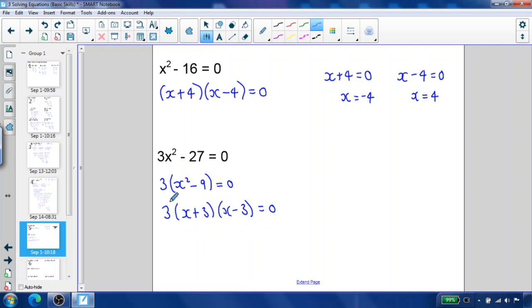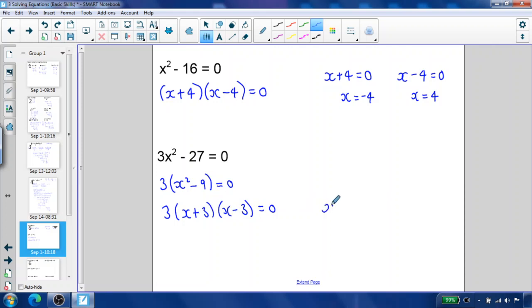Now we can forget about that 3 because 3 is just a constant. So 3 isn't going to be equal to 0 because it hasn't got a variable that we can make into 0. It's just 3. So I'm going to ignore that 3 for the time being and just think about the 2 brackets. As one of the brackets is going to be equal to 0, or both of them could be equal to 0.